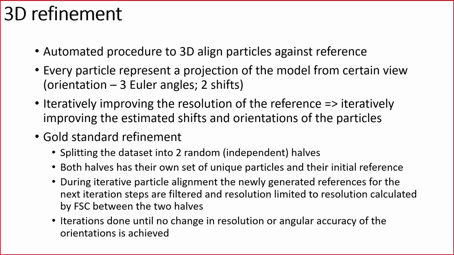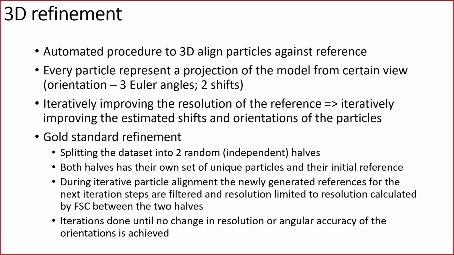And now what we can do is two refinement steps in parallel. We are doing a refinement with half one, converging to some, for us, true structure. And then we are also making a refinement with half two, converging to some extent to a true model that's representing our data.